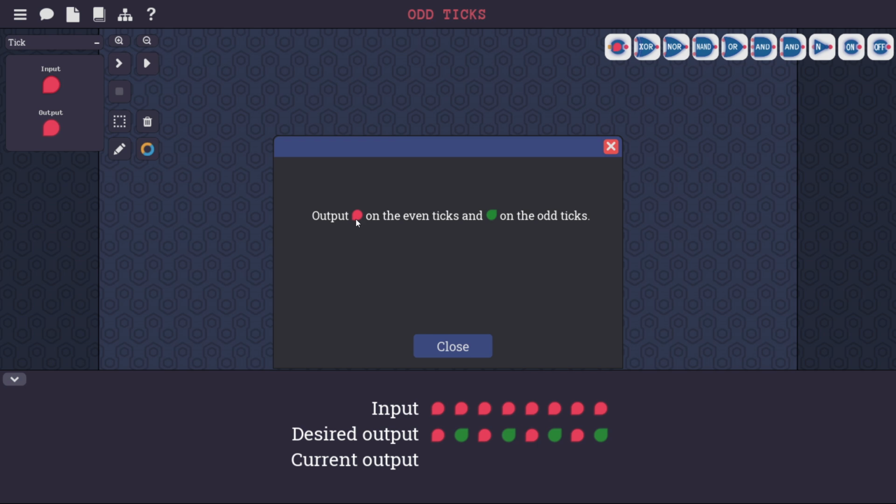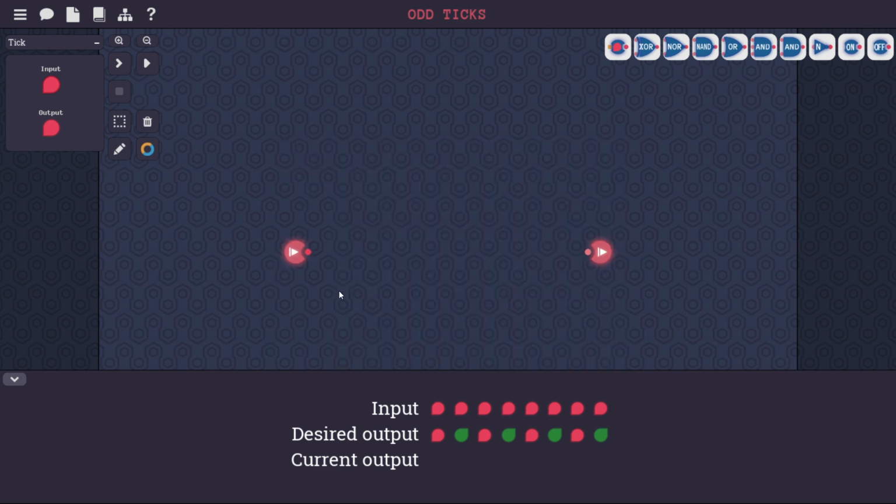Outputs are red, which is false, on even ticks, and green on odd ticks. So we're detecting odd ticks. Zero should be odd. Yeah.